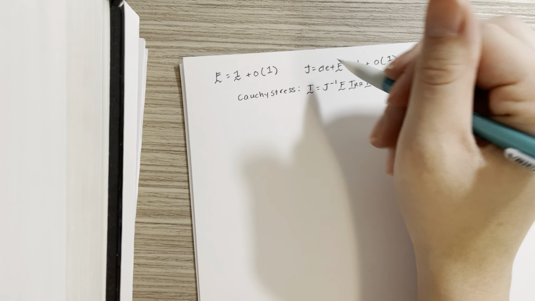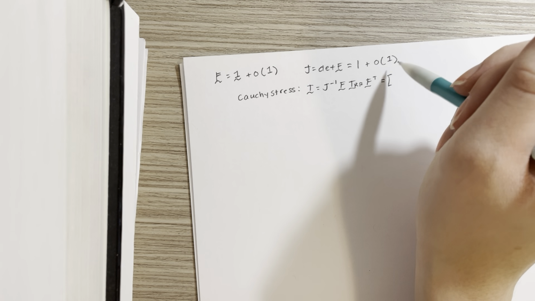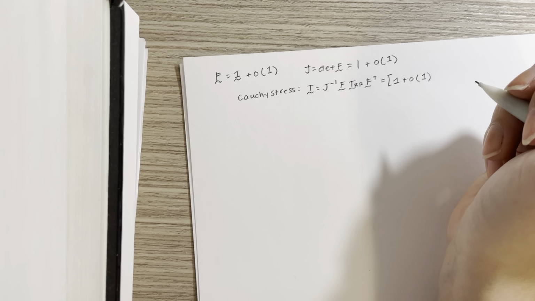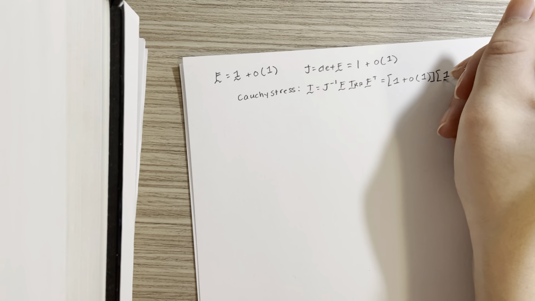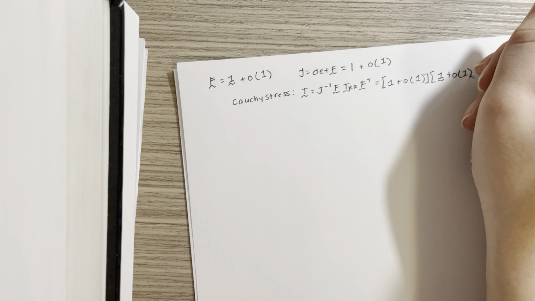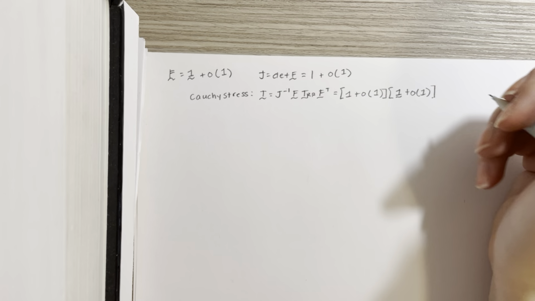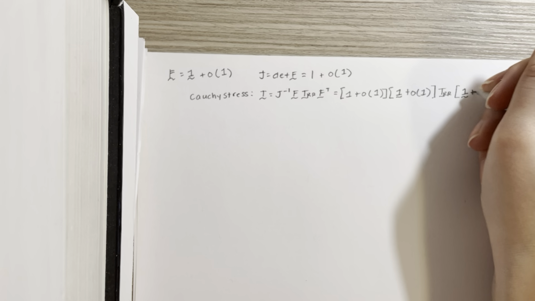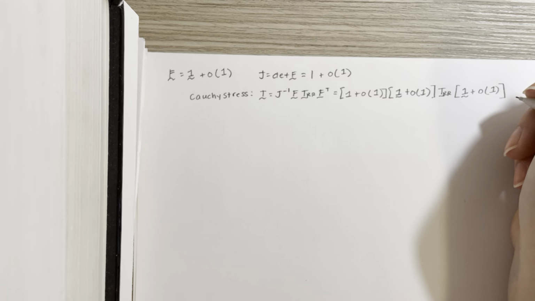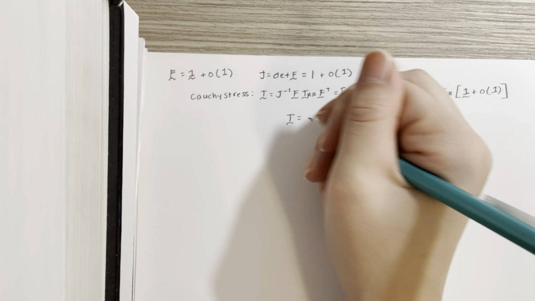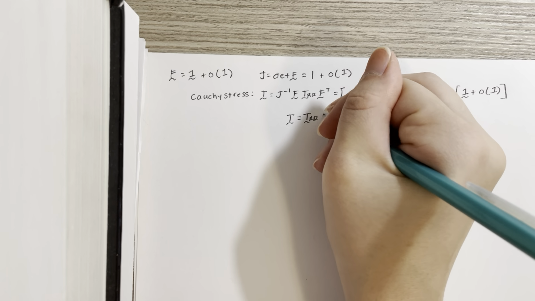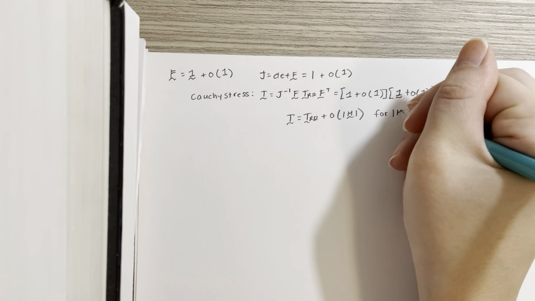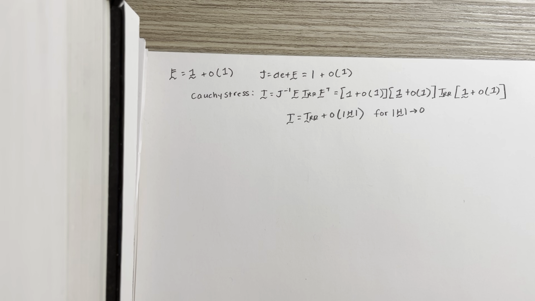Because we're dealing with small deformations, J to the negative 1 is approximately 1 plus some higher order term, times F, which is our identity tensor plus some higher order term, times T_RR, times F transpose, which is the same as F. When we multiply these all together, T is equal to T_RR plus some higher order term for H approaching 0. So this is the case for small deformations.